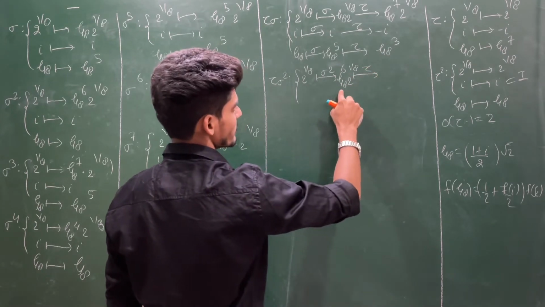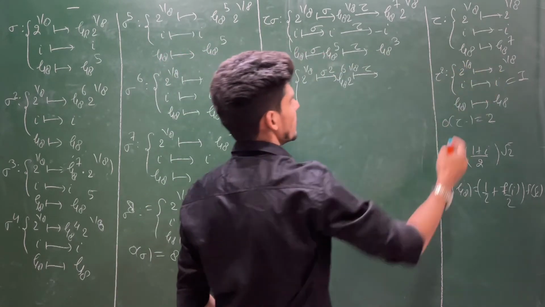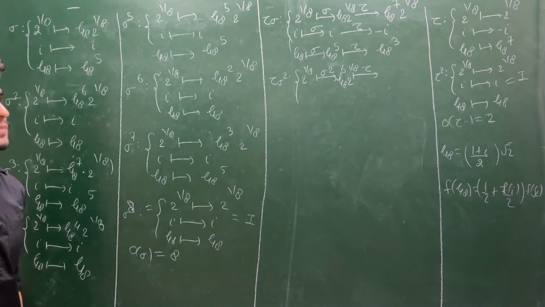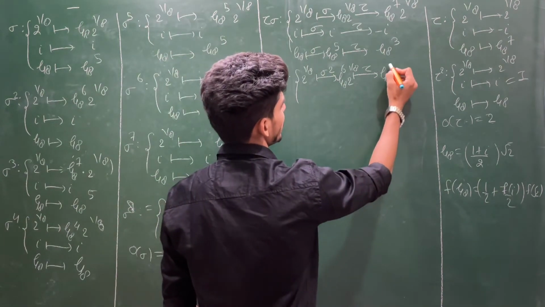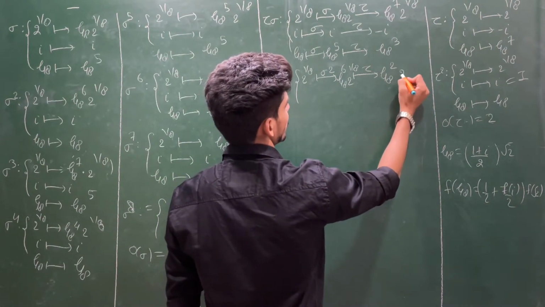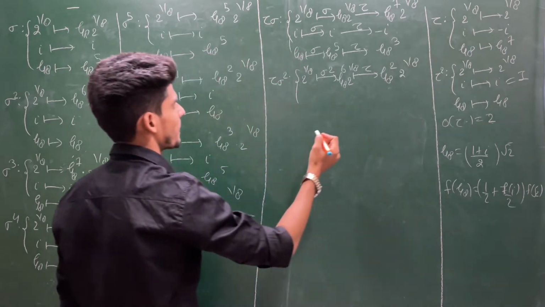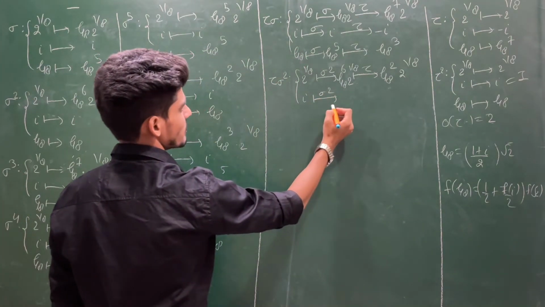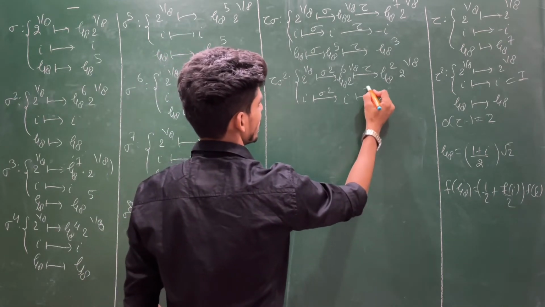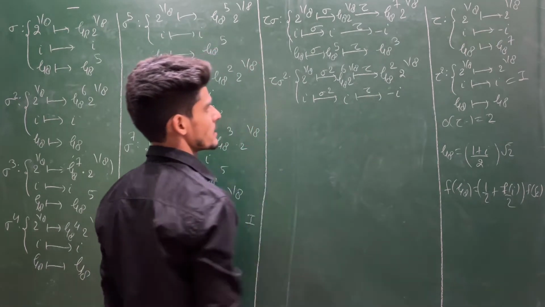Tau will send zeta 8 to the power 6 to zeta 8 to the power 7 times 6, which is 42. If you divide by 8, you will have remainder 2. So this will be zeta 8 square times 2 power 1 by 8. Iota, under sigma square, is going to iota. Under tau it will go to minus iota.